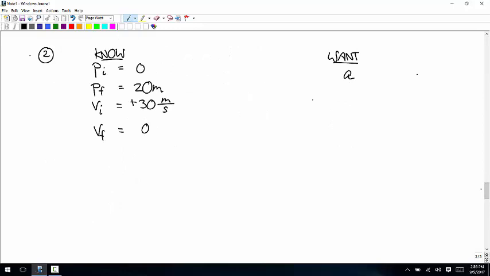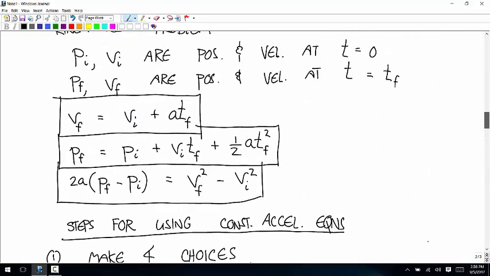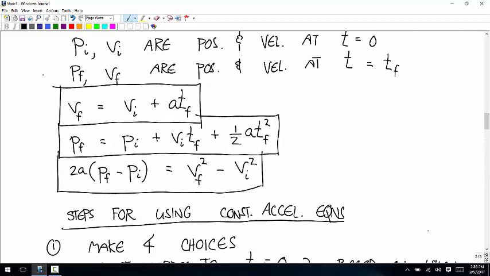And now we're going to look for an equation that has A in it, and everything else that appears in it is known. So look at those 3 equations and see if there's one that works. Here are the 3 equations. Well, the first one has acceleration, so that's good, but it also has time final, which we don't know, so we can't use that, at least not yet.